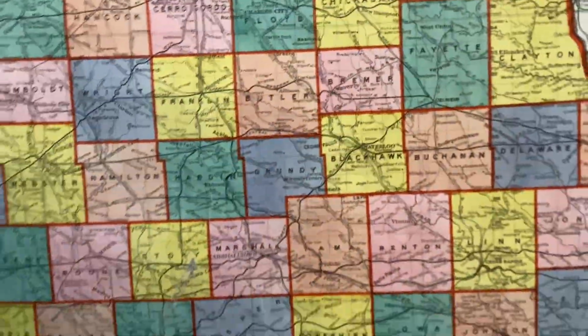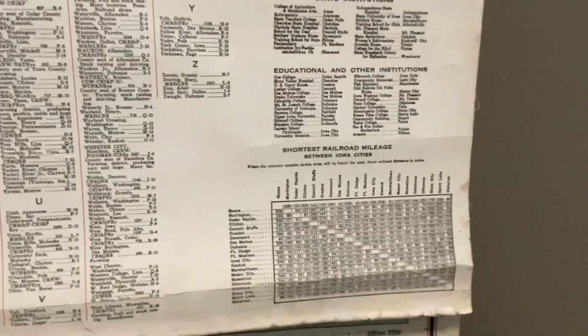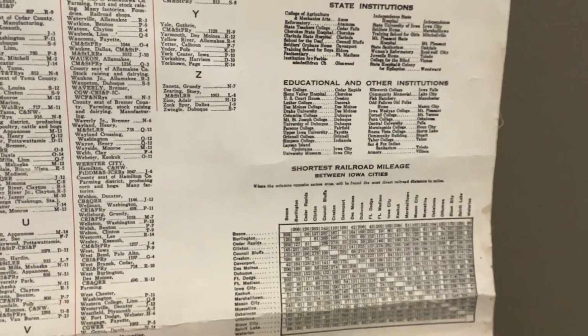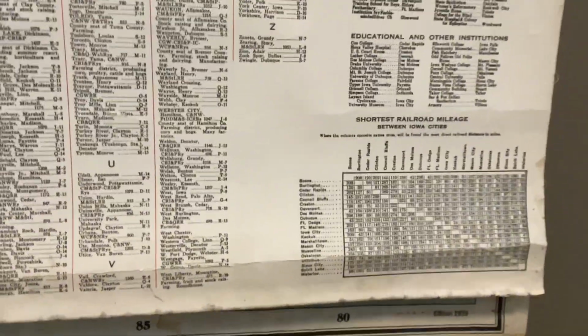So yeah, it does show the list of counties here. The U.S. system of township survey. Shortest railroad mileage between Iowa cities. But you can't read that. I might have a separate picture of that.